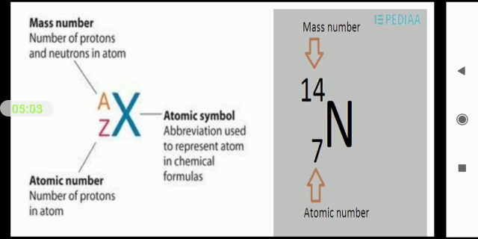For example, nitrogen is written as N with the superscript 14, that is mass number, and a subscript 7, that is atomic number. So 7 is the atomic number and 14 is its mass number.